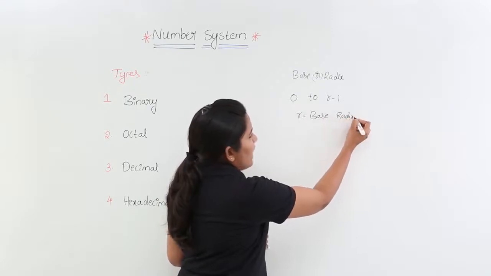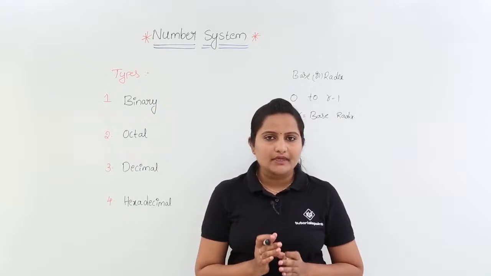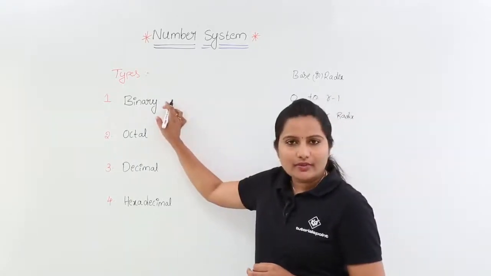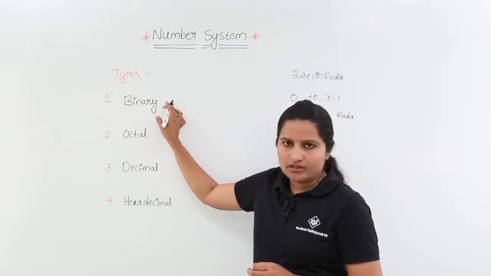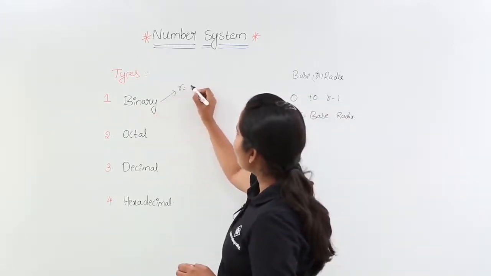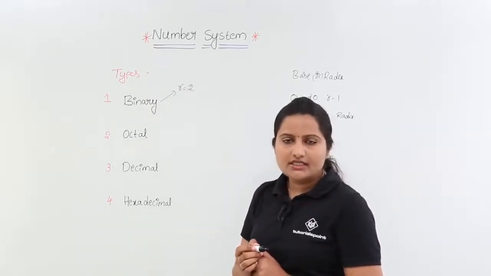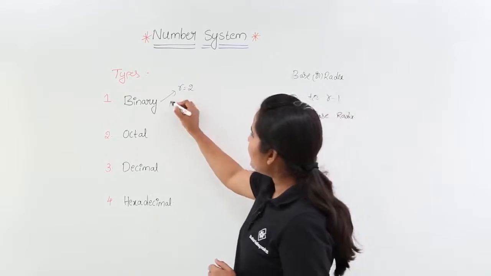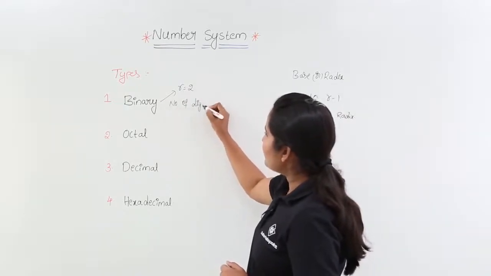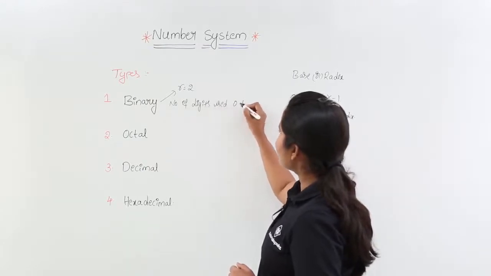As we discussed, base or radix is the value representing the number system. Coming to binary, the value representing this number system is equivalent to 2, so here r is equivalent to 2. The digits used here are 0 to r minus 1.